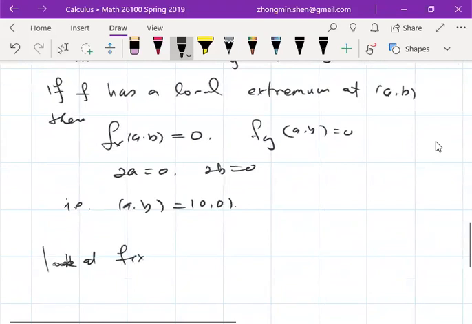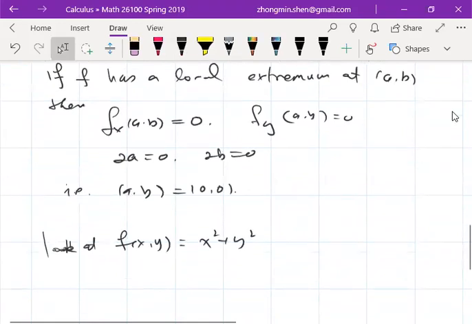You can probably get the answer directly. This function is always greater than or equal to 0. It's never negative. So 0 should be the smallest value, which is f(0, 0).